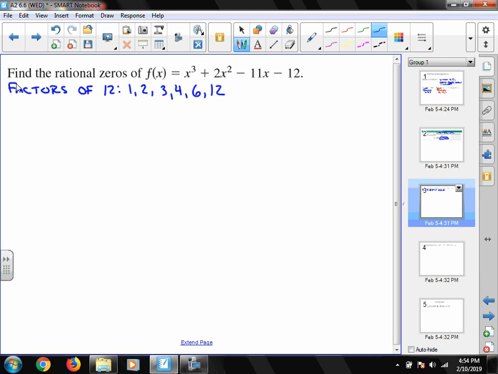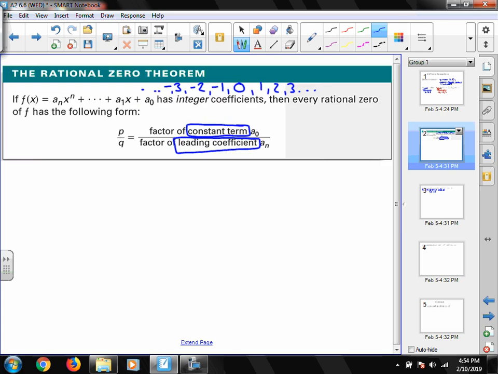And now I need factors of our leading coefficient. So what number is in front of x cubed? I need factors of 1. Hopefully you guys got that. And the only factor of 1 is 1. So according to our rational zero theorem, we're going to take factors of our constant term divided by factors of our leading coefficient.